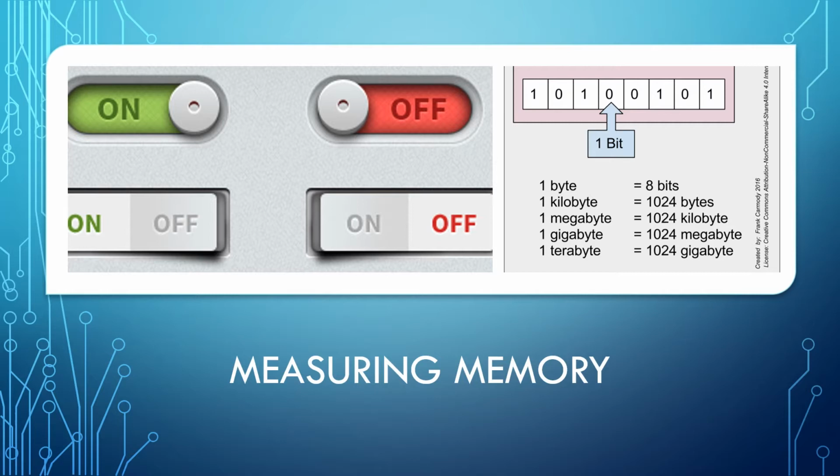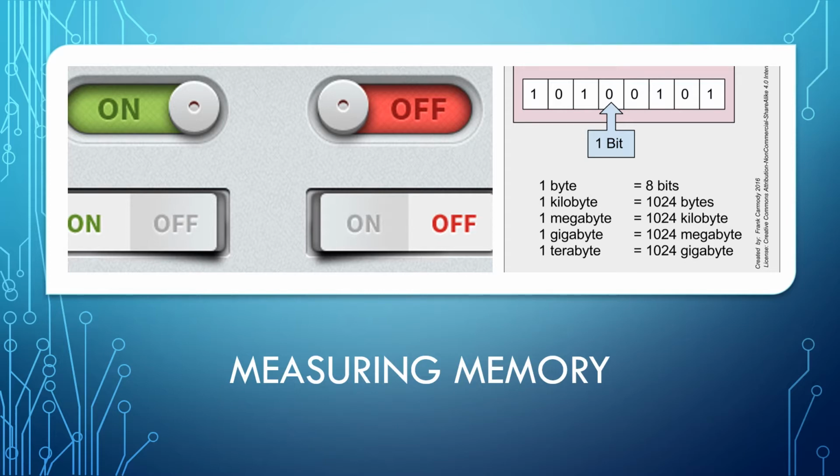The data is stored in the computer memory in the form of bits or binary digits. The computer memory can be measured in terms of bits. The capacity of a computer memory can also be expressed in terms of bytes. The combination of 8 bits makes up 1 byte.